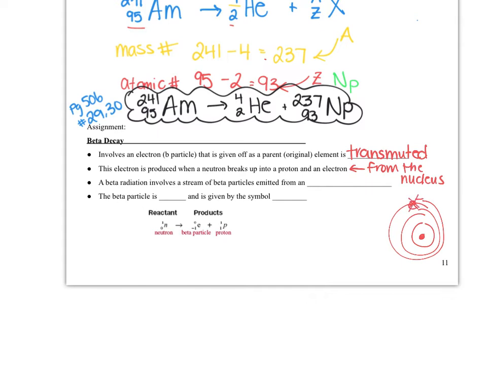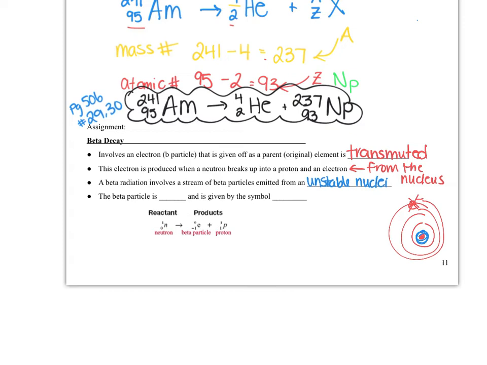This is a particle generated within the nucleus of our element. So beta radiation involves a stream of beta particles that are emitted from an unstable nuclei. I'll use a different color here just to be clear. So an unstable nuclei undergoes beta decay.